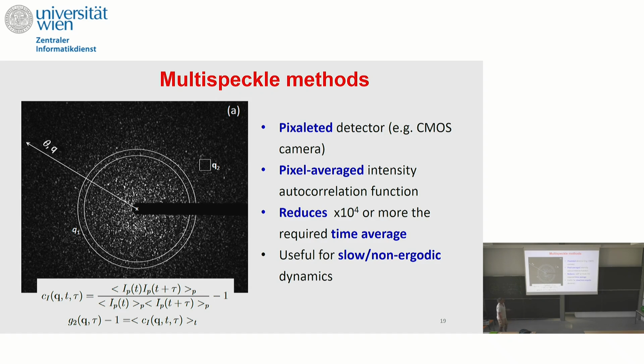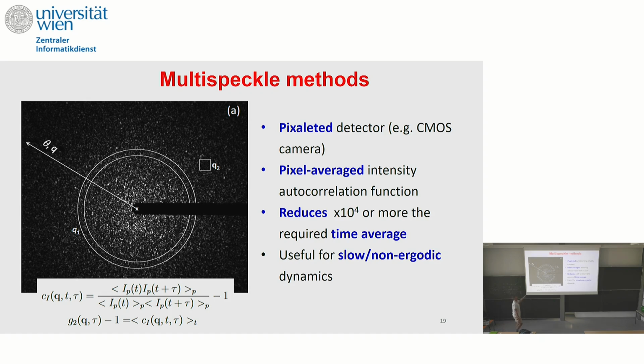Now, the idea of the multispeckle method is to say, okay, for example, let's take this box here on my detector. Each pixel here corresponds to a slightly different Q vector because the Q vector changes as you move out from the position of the transmitted beam.